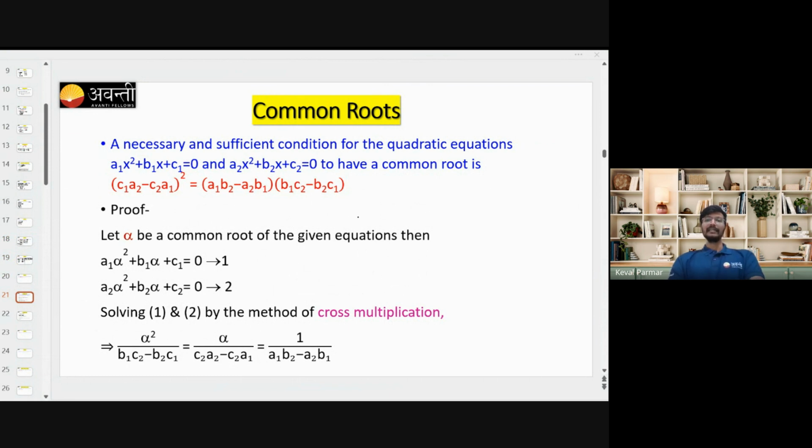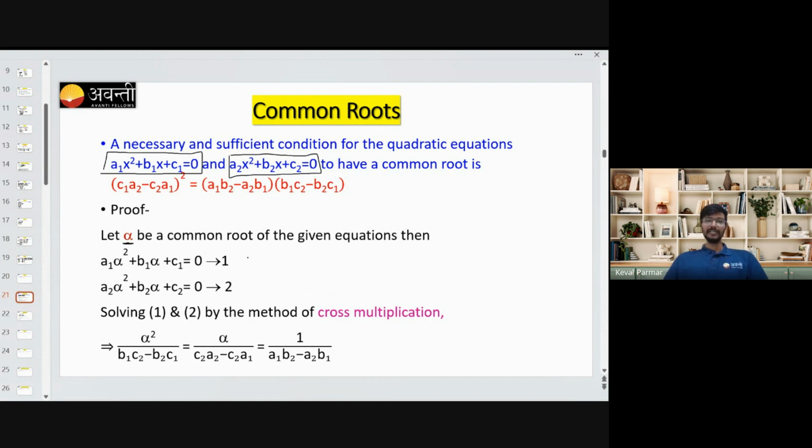So let us say that the quadratic equations given are these. Look at the screen. And we said that alpha is a common root. So if alpha is a common root, alpha must satisfy both of these equations.